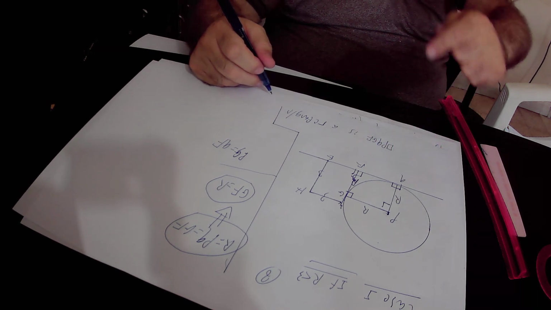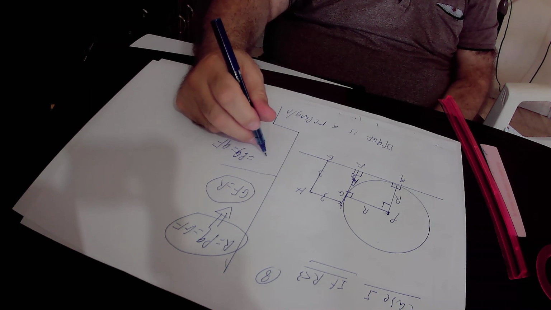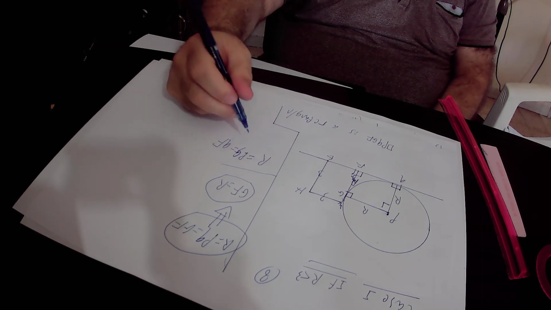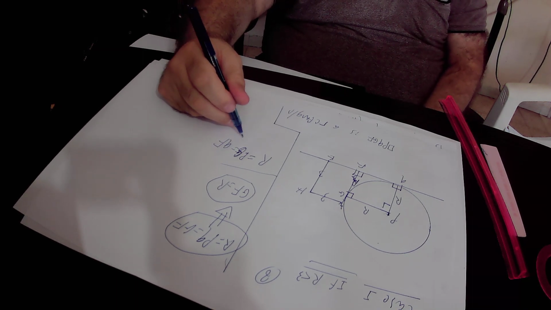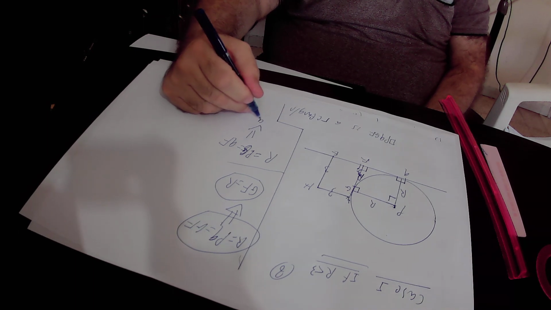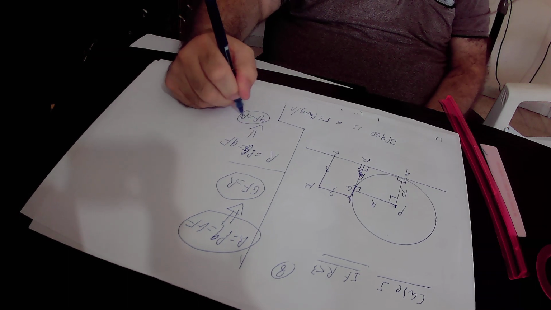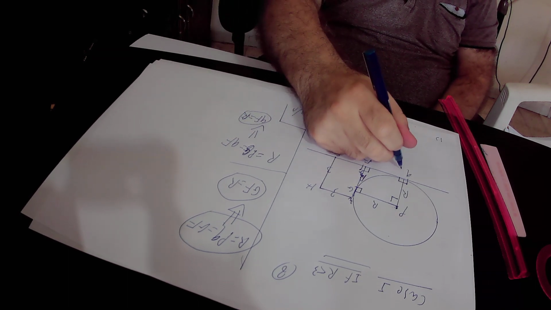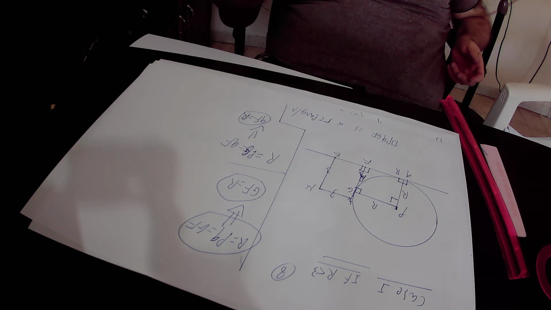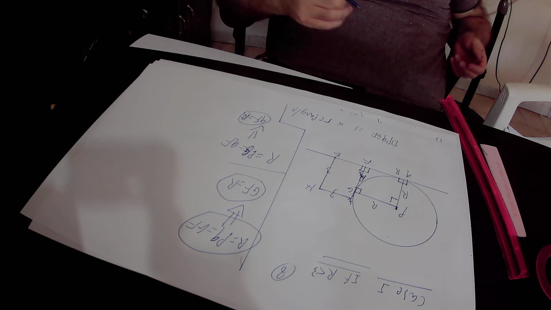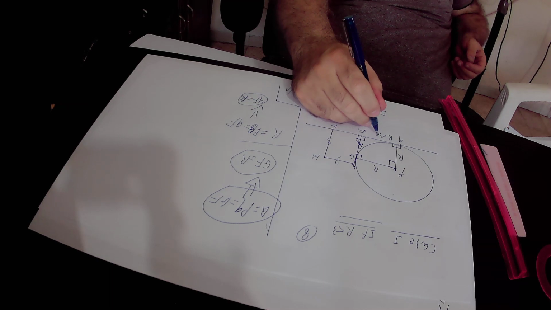But here PG is the radius of the circle that is equal to R, so I can write that PG equals R, and from this equation R equals PG equals QF, we will derive that QF is also equal to R. But we also know that QF equals 3R minus 7.